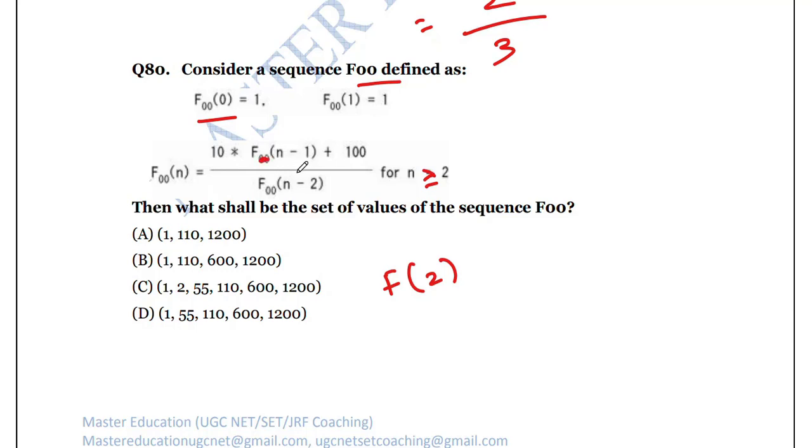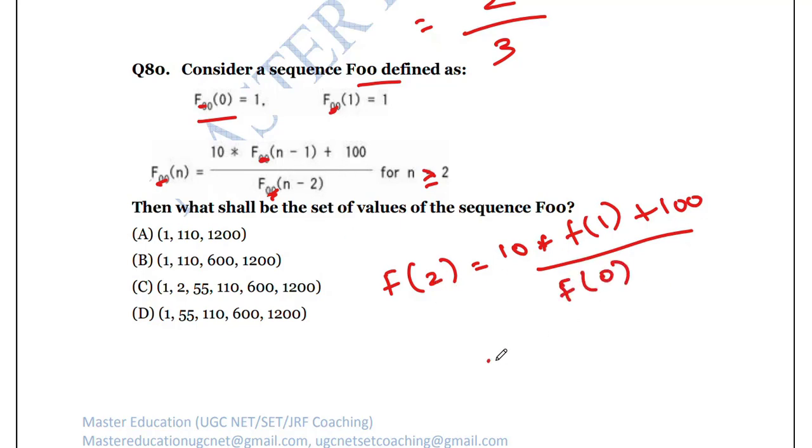You need not remove the zeros, they are giving it like this just to confuse us. So f of 2 equal to 10 into f of n minus 1, 2 minus 1 is 1, plus 100 divided by f of n minus 2. Here n is 2, so 2 minus 2 is 0.